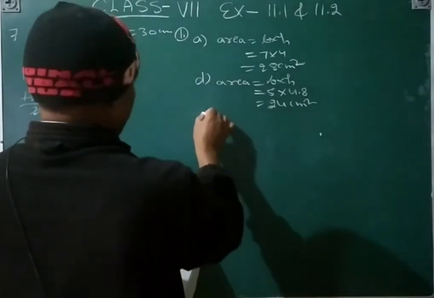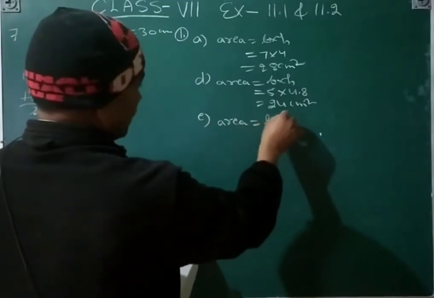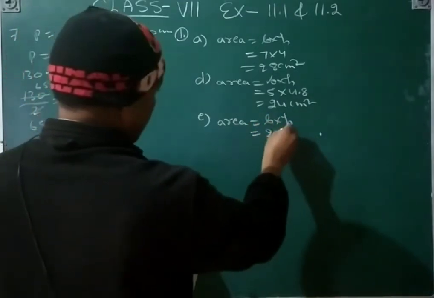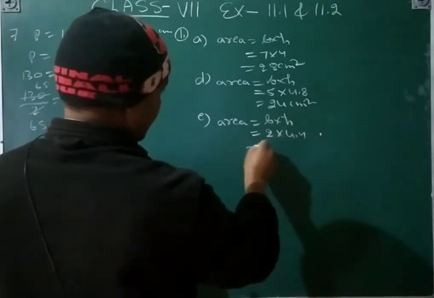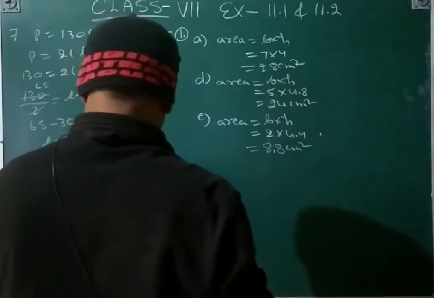And then E part also, area is equal to base into height. The base is 2 and height is 4.4, so that is 8.8 centimeter square.